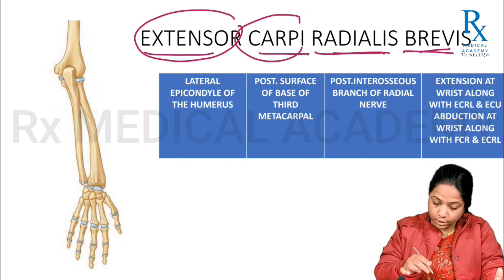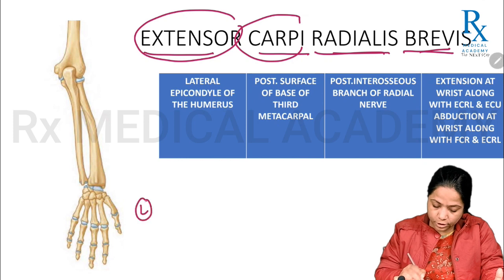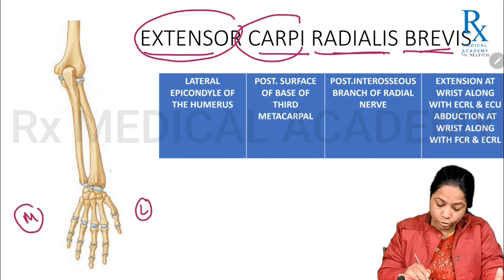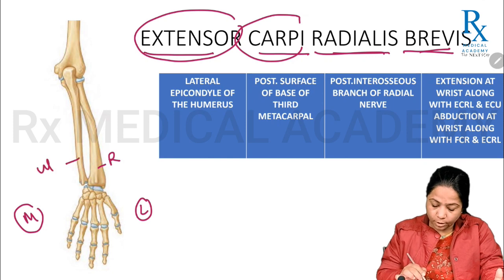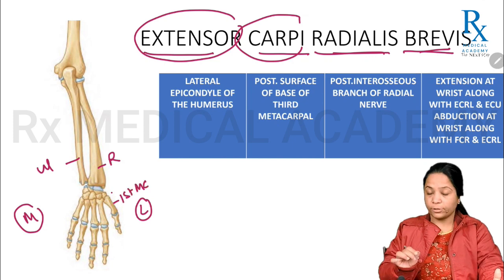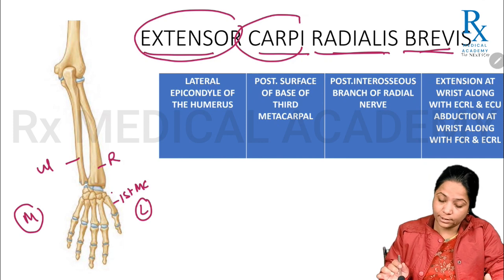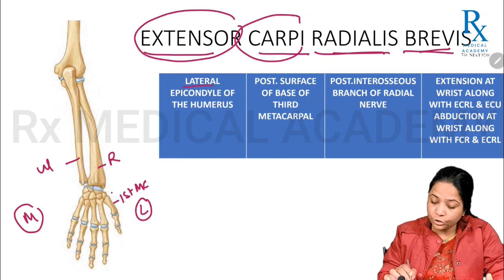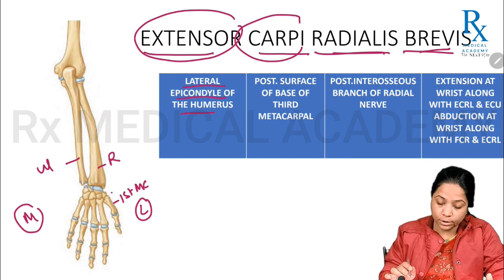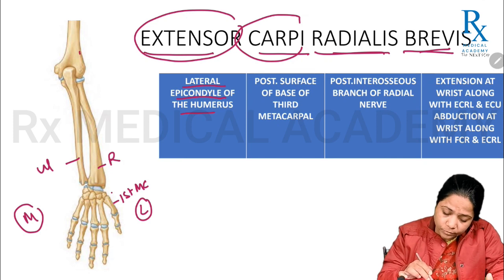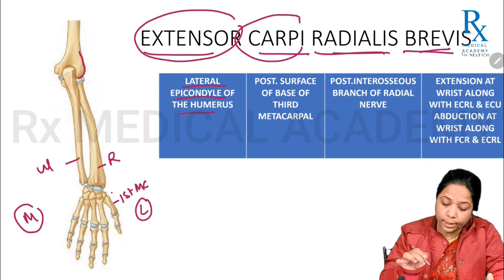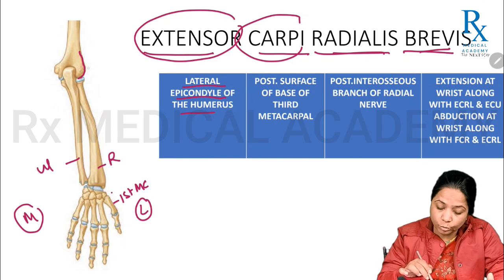If you see this diagram again, this is the lateral side and this is the medial side, because you can see here, this is the radius bone, this is the ulna bone, and also there is the thumb. This is the region of the thumb where you can find the first metacarpal bone. This extensor carpi radialis brevis is arising from the lateral epicondyle of the humerus. Here you can see this is a projection at the lower end of the humerus that is known as the condyle.